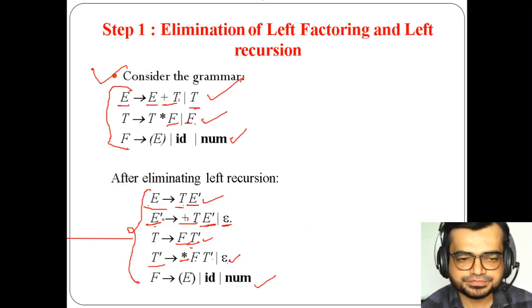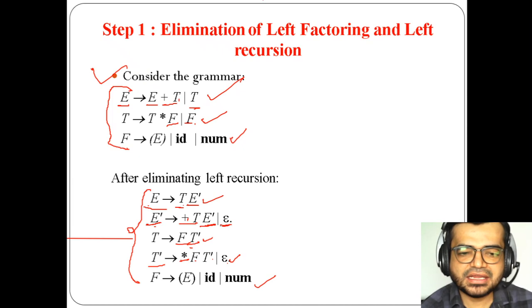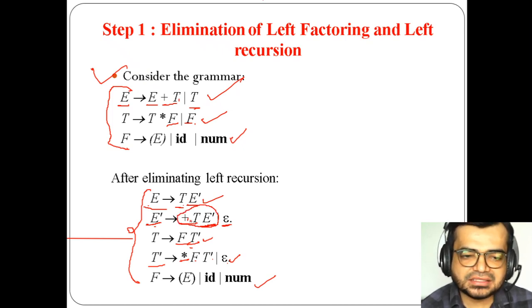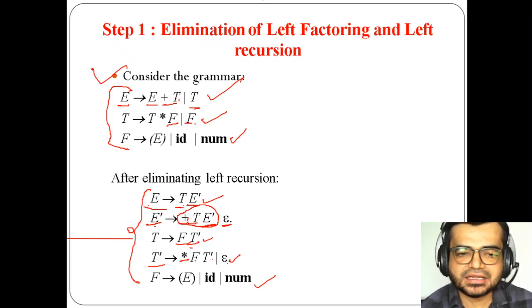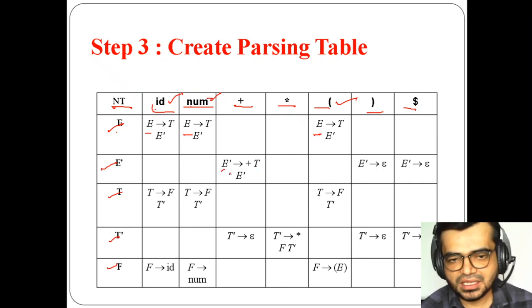There are 2 productions here, E dash of plus TE dash and epsilon. Which do I have to take? I have to take this one, because by this production only can I get plus. I shouldn't take the other. So I'm taking E dash equals plus TE dash.